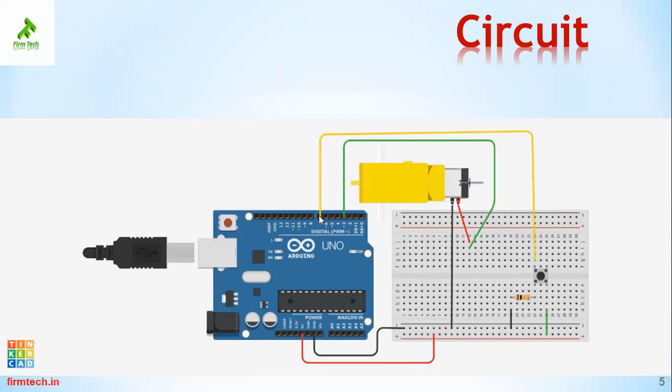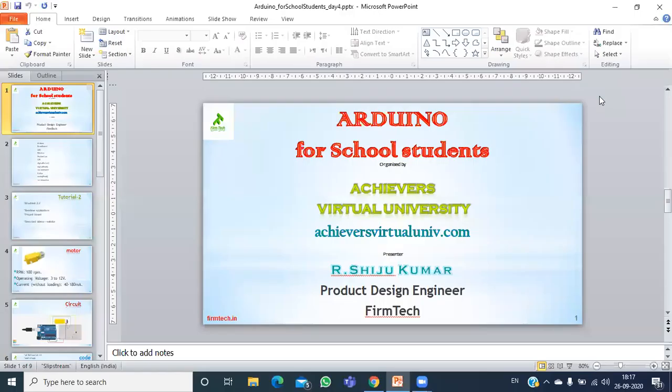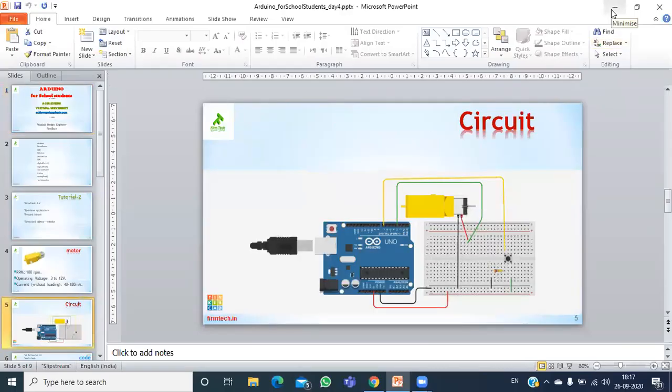So the 7th pin is the digital input pin, and the negative terminal of the motor is connected to the ground, and the positive terminal of the motor is connected to digital pin 3. So now we should make digital pin 3 the output pin and digital pin 7 the input pin. So we can go directly for the simulation.